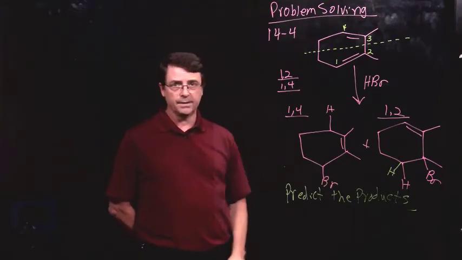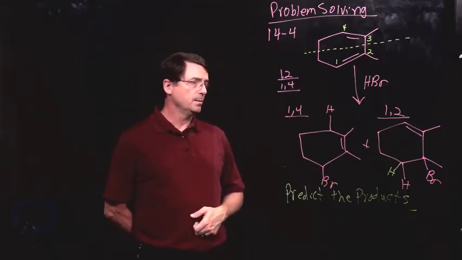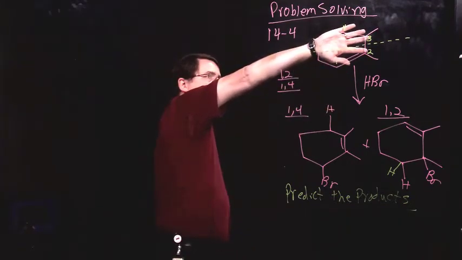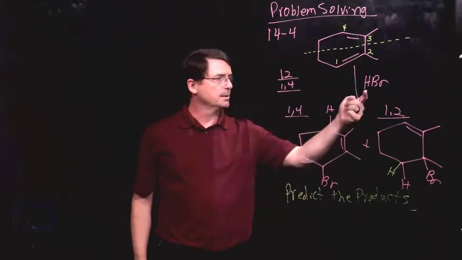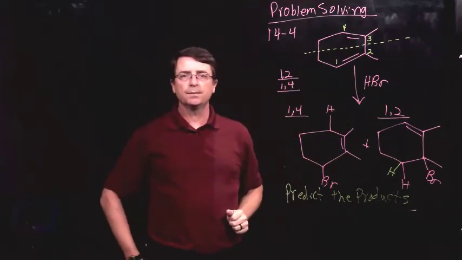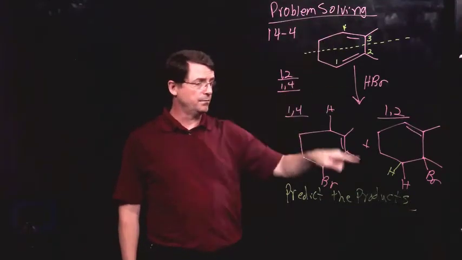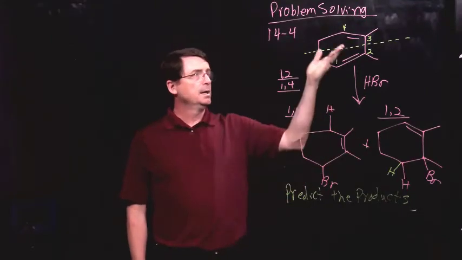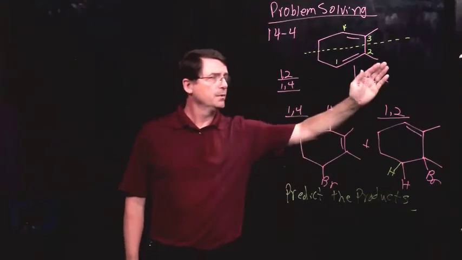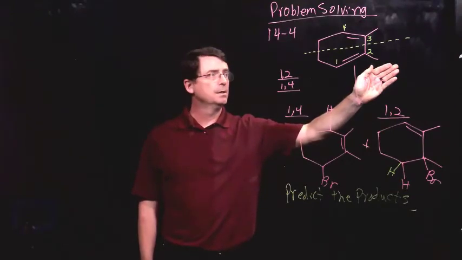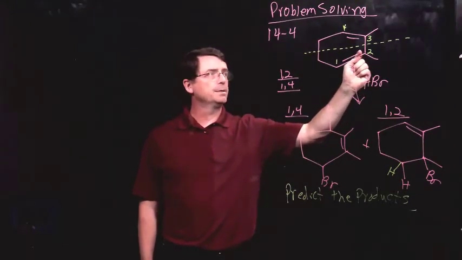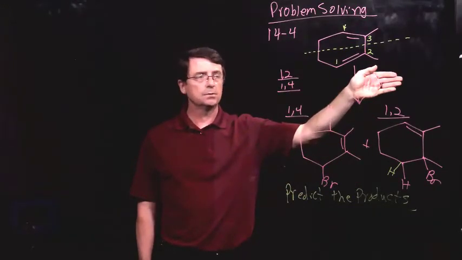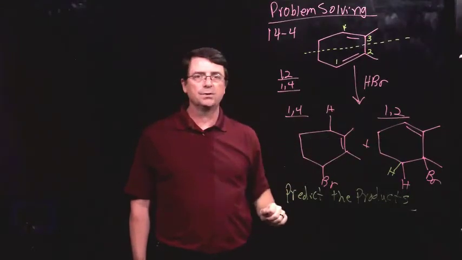And although I call all of this predict the products, what we also have to be able to do would be to look at the reaction, and if we didn't know what the starting material was, looking at the products and the reagents, can we predict the starting material? So every reaction you need to learn forwards, then you need to learn it backwards. You need to be able to look at products and predict the starting material, and then of course, if there's no reagent, one wants to be able to look at starting materials and products, and ask what is the reagent that I would need to make this organic transformation occur.